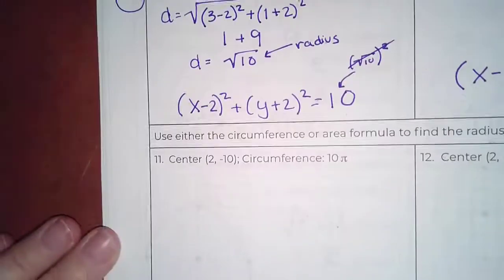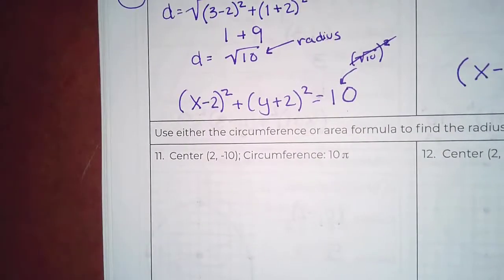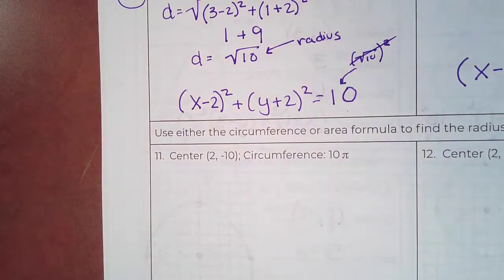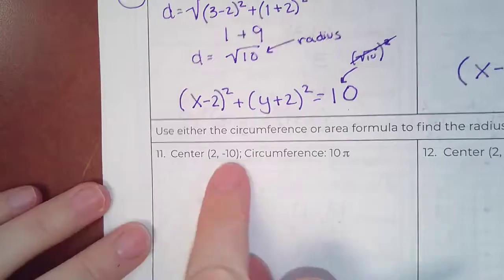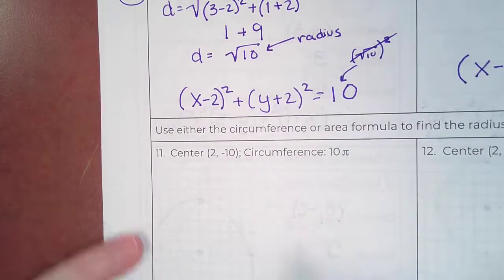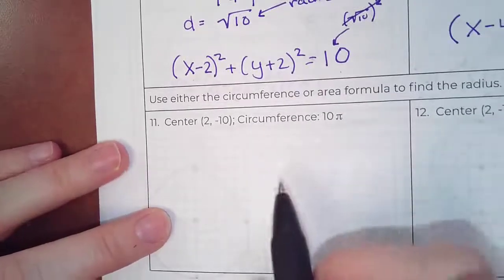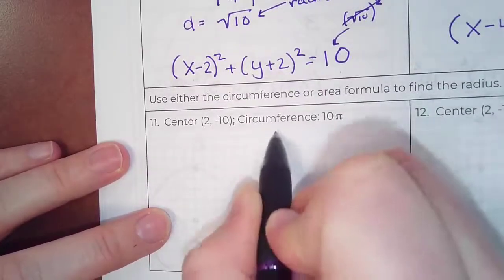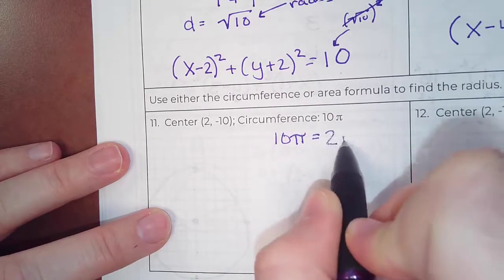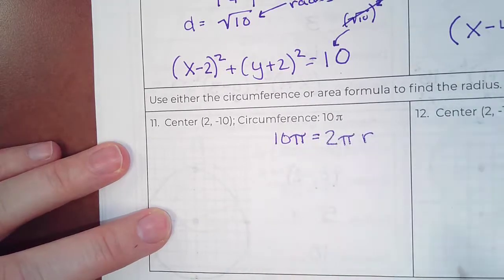Next one. It says use either the circumference or area formula to find the radius. So we are going to use the first one. I have the center. I have the circumference. First I need to find radius and then plug in my formula. So 10 pi is equal to circumference, which is 2 pi r.